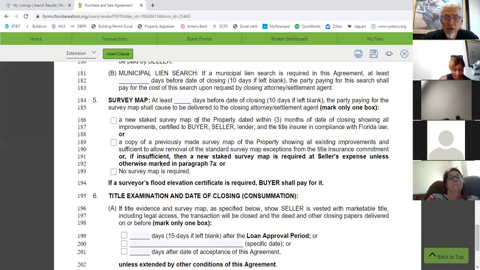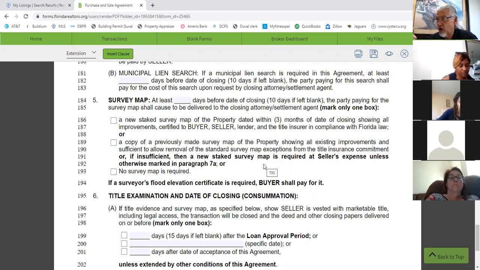Now you can select a new stake survey or a copy of a previously made survey. And this is very well written because if that survey is insufficient to the title company and a new stake survey is required, it will be at the seller's expense unless otherwise marked in paragraph 7A. What's 7A?